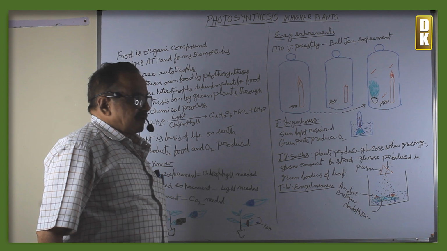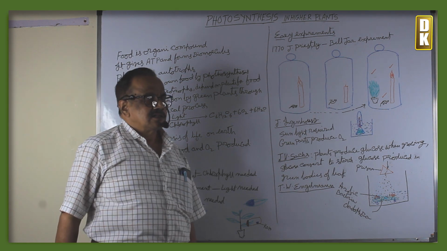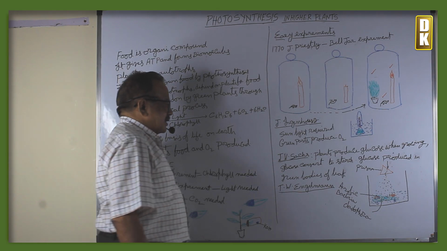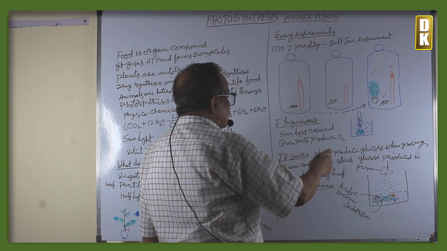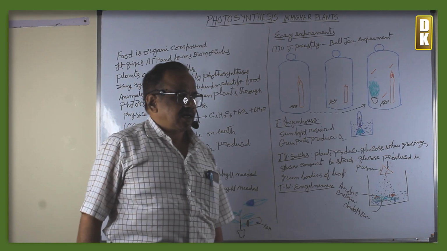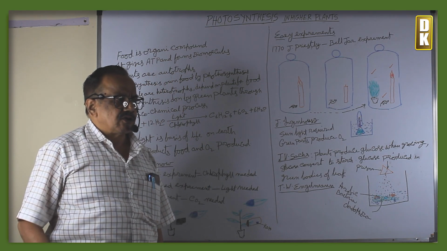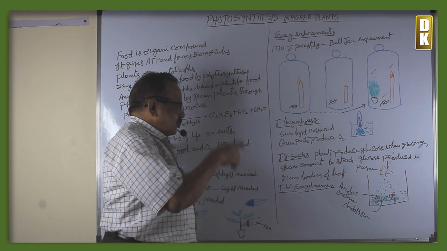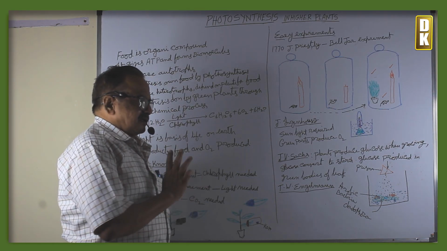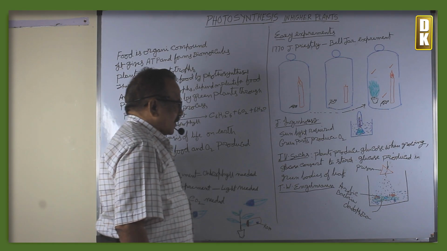He did a series of experiments and found, means proved, that plants produce glucose when they are growing, and that glucose will be converted into starch. That is proved.